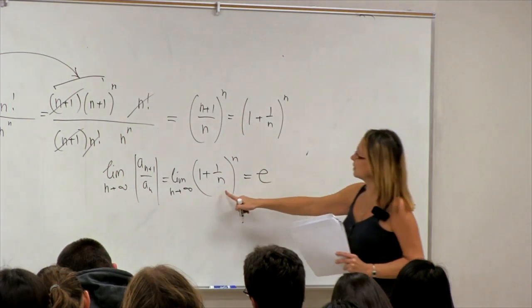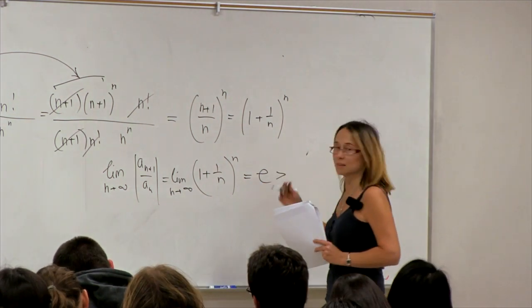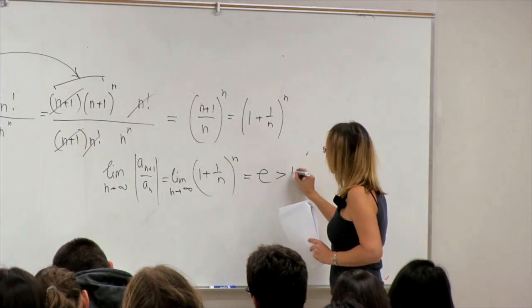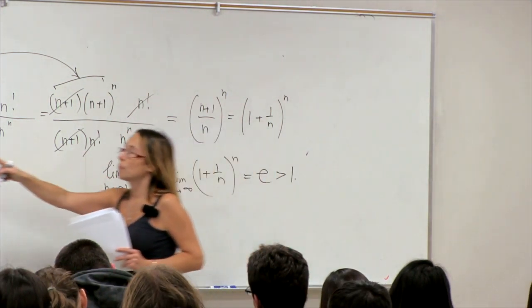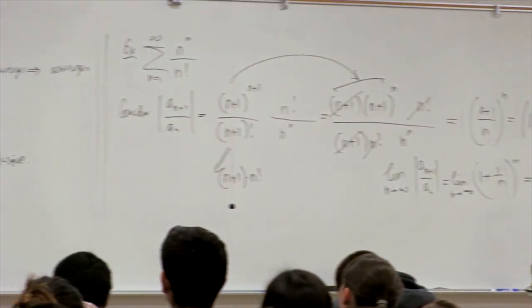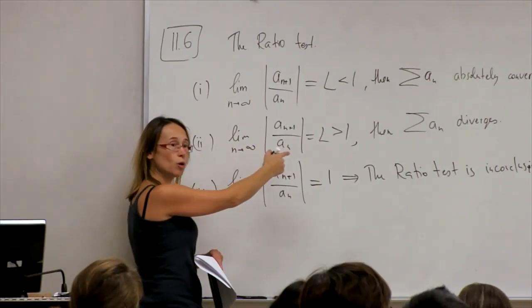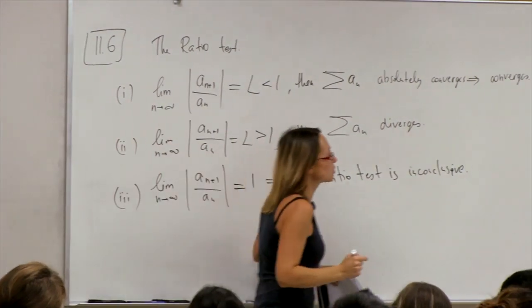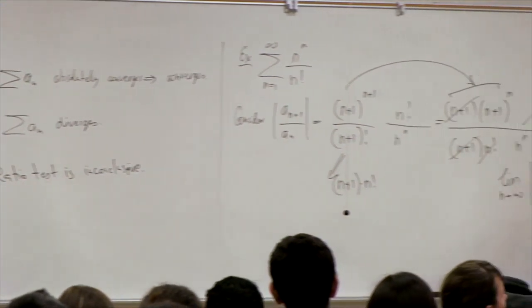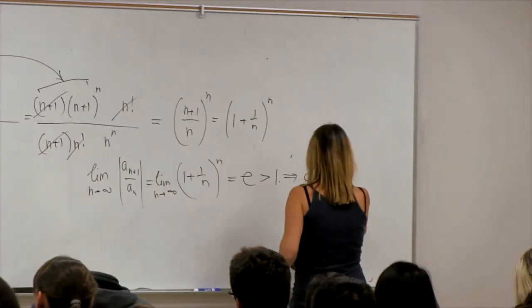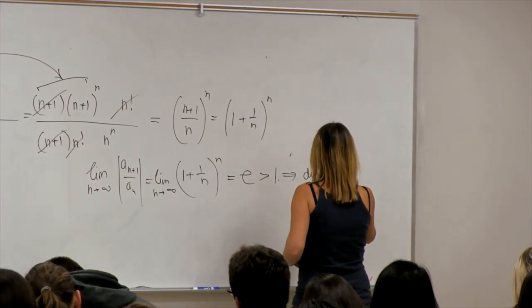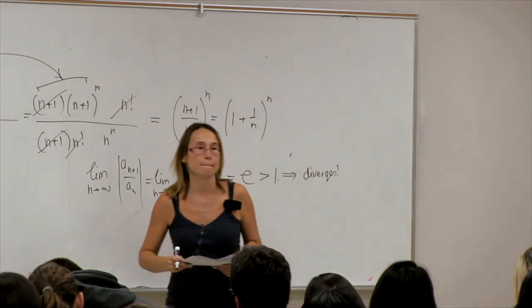But this is a number that is between 3 and 4. So it's greater than 1. So you can see here, this is the case when the test works and it has a conclusive result. The sequence diverges. Okay, questions?